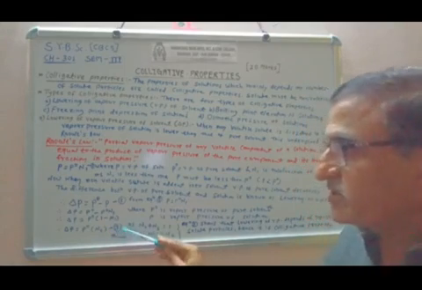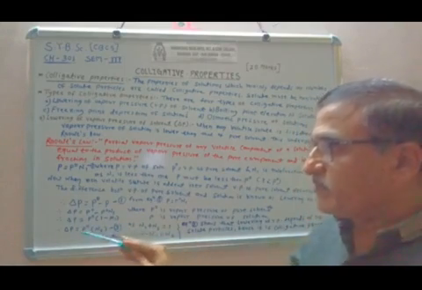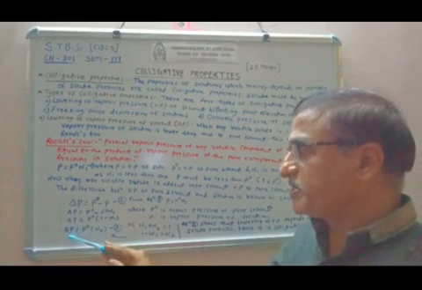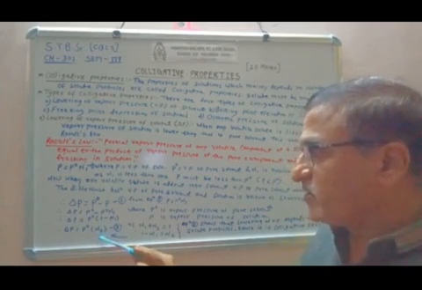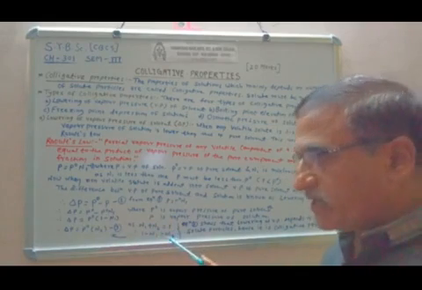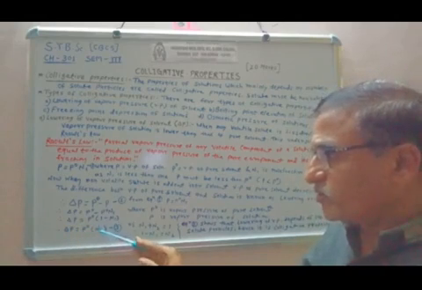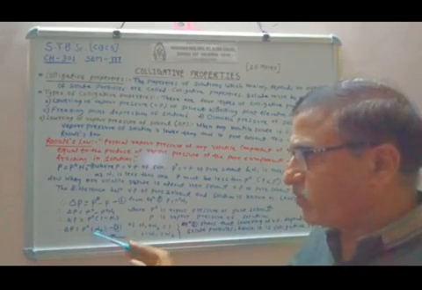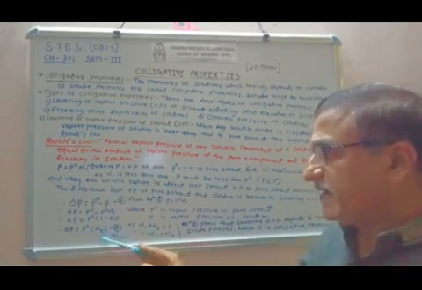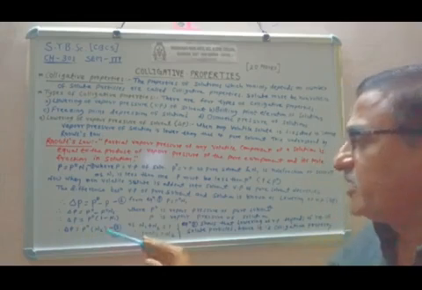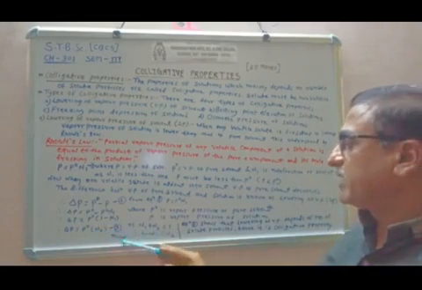So from equation 3 it is clear that delta P, the lowering in vapor pressure, depends on the number of solute particles, because delta P is equal to P0 into N2, and N2 is the mole fraction of solute particles.